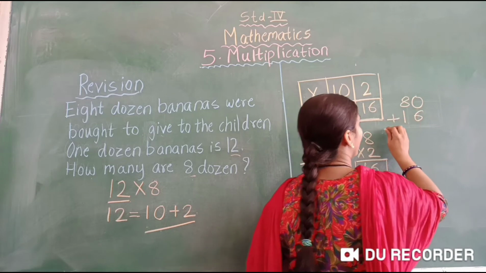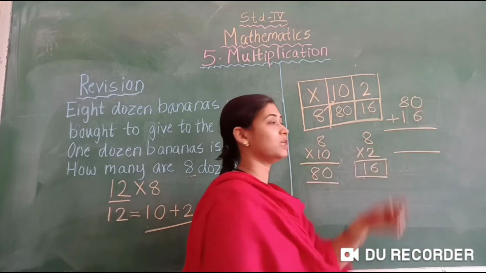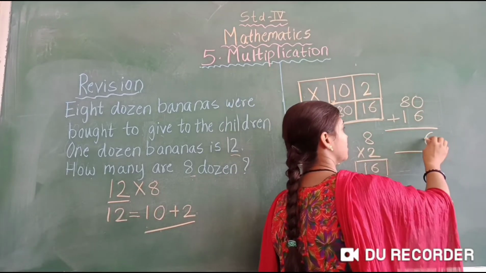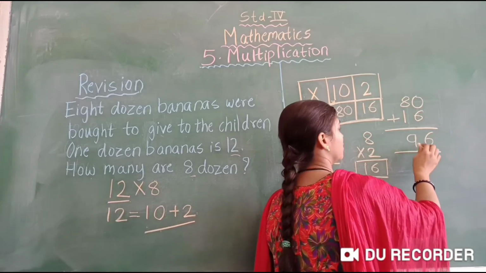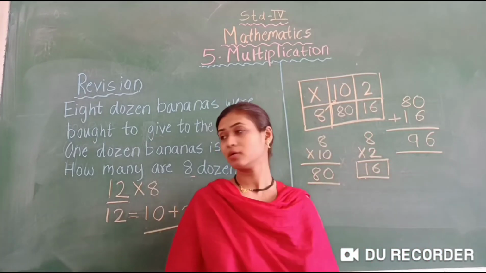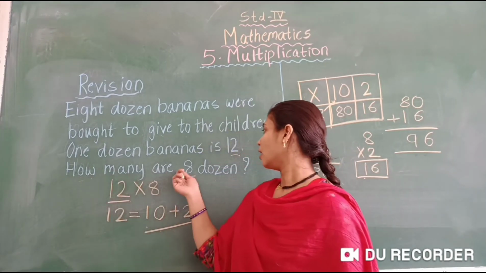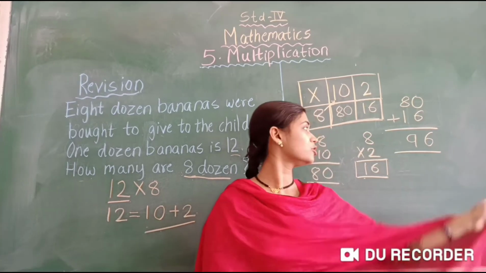We have to add. 0 plus 6 is how much? 6. And 8 plus 1 is how much? 9. Therefore, the total answer we got here is 96. Therefore, how many are 8 dozen? 8 dozen bananas is 96.